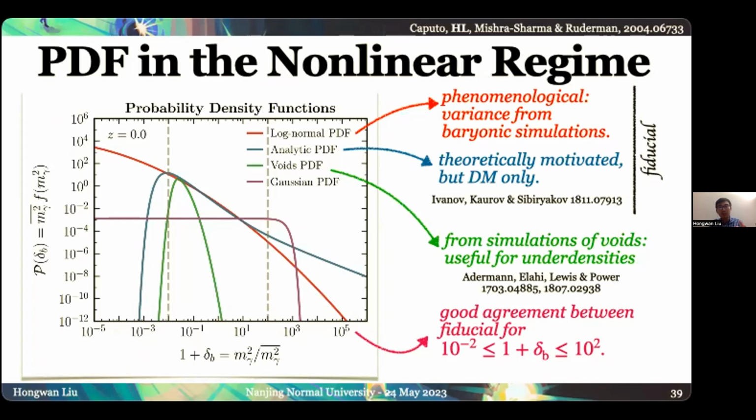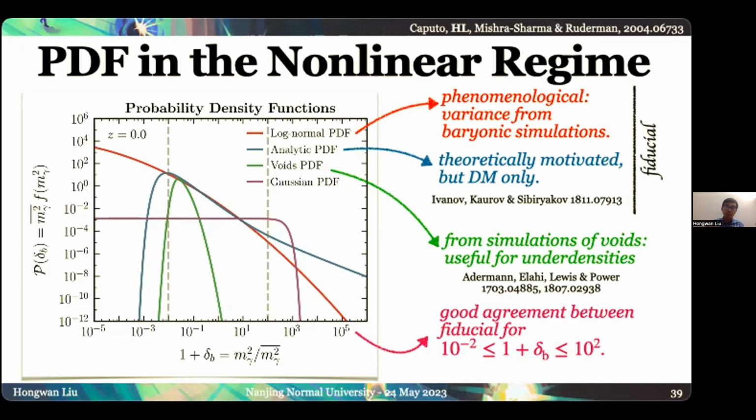And so what we did was we adopted two very different ways in which we could characterize this PDF. So one was just assuming that the PDF follows a log normal distribution, which is something that's done very often in the literature. If you want to do a phenomenological study of the baryon PDF, this is something that many people have done. And then we fit the variance of this log normal distribution using simulation data.